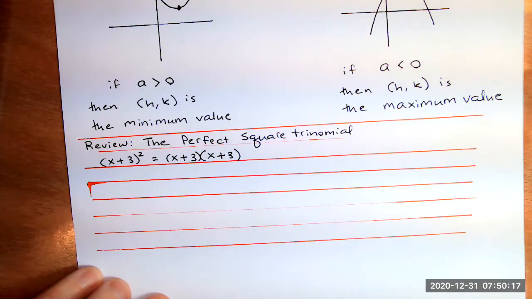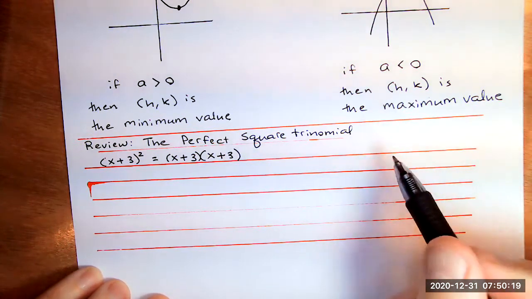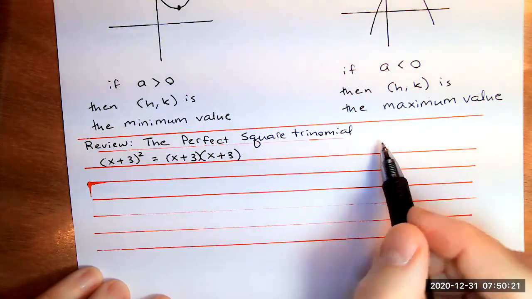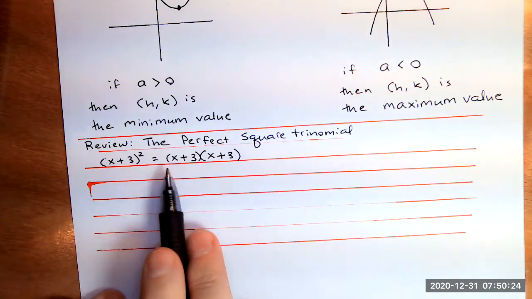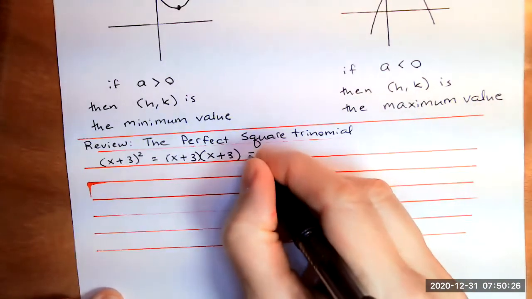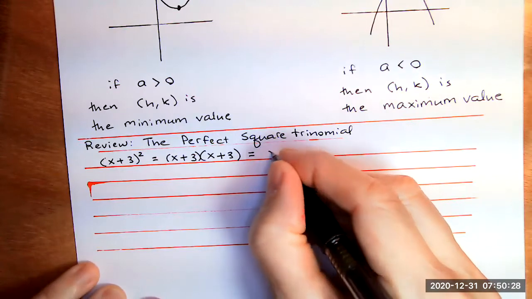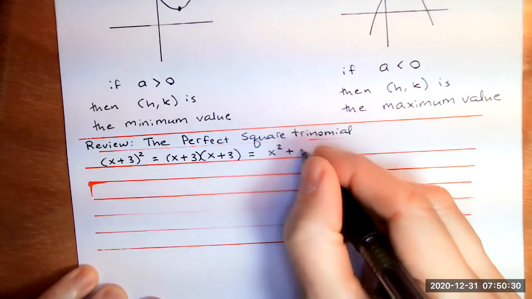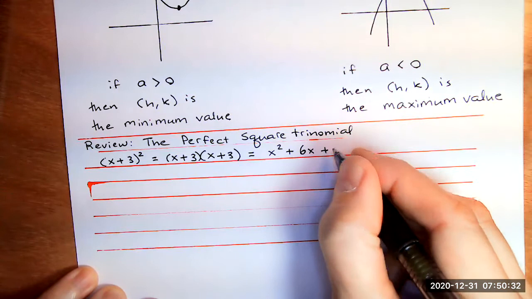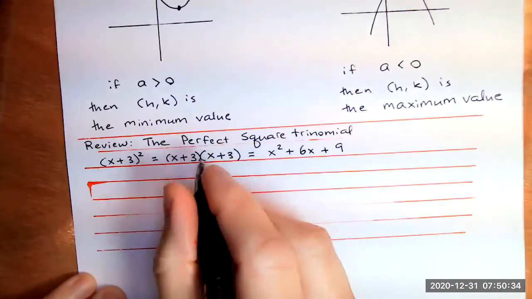All right, before we talk about the next section, let's quickly review the perfect square trinomial. So if you take any binomial and square it, x plus 3 times x plus 3 is x squared plus 6x plus 9.